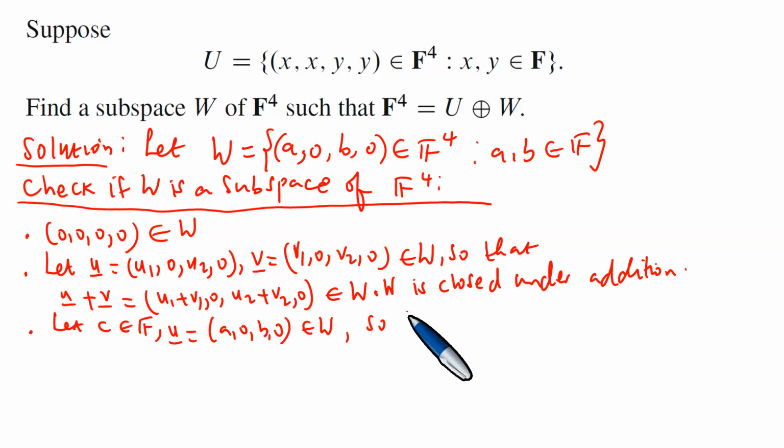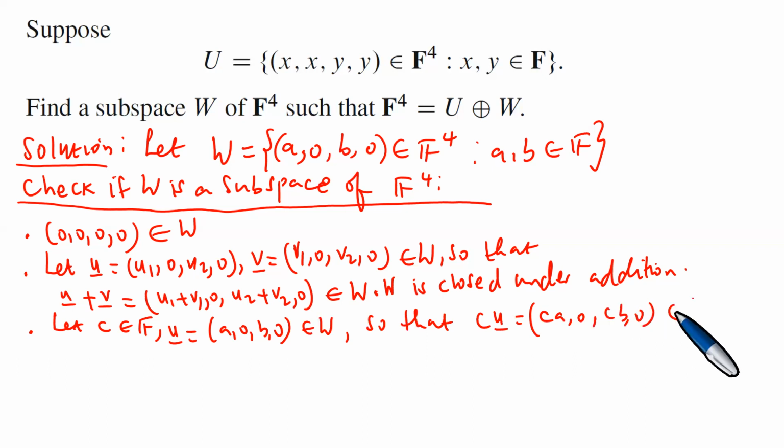And then now we perform multiplication of cu. Okay, cu would be c multiplying each component here. So it is ca, 0, cb, 0. Okay, this one is indeed a member of W because it has 0 in the second and the fourth components.